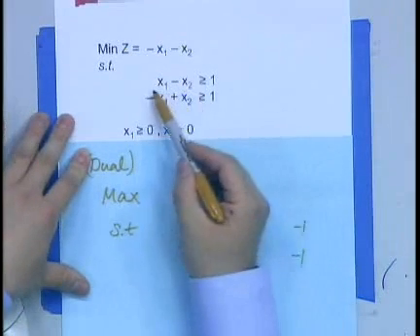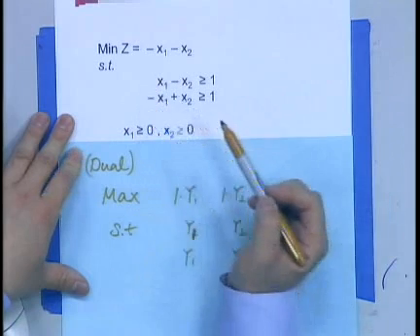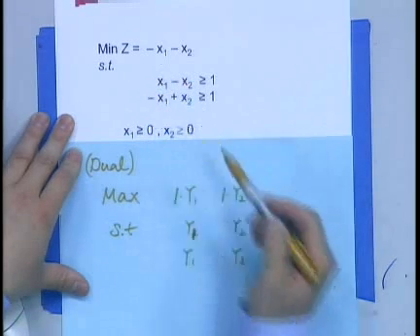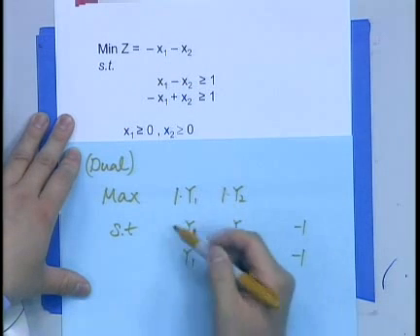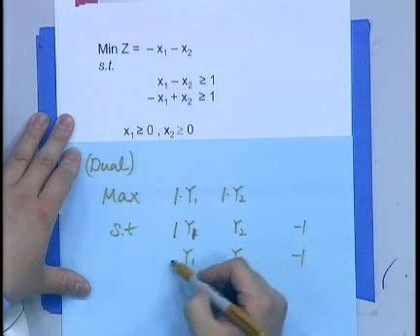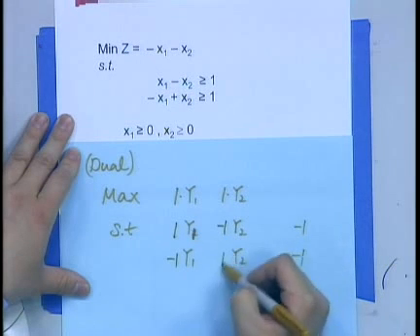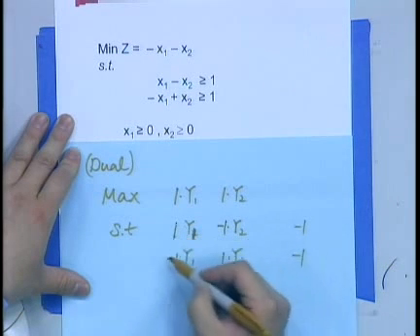And the transpose of the constraint coefficients becomes the constraint coefficients in the dual problem. So it's going to be 1, -1, -1, 1. It's the same, right?